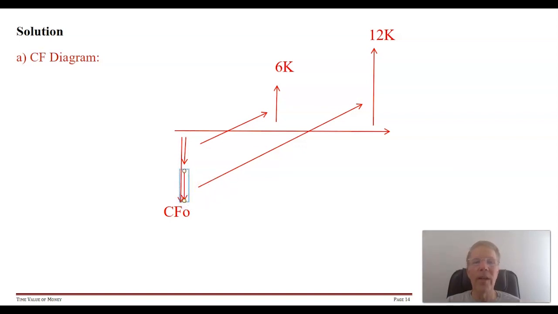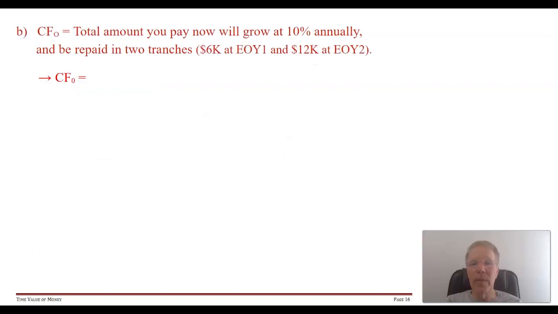Something like that. And A is going to grow into the 6K and B is going to grow into the 12K. So as usual, CF0 will be equal to A plus B. All right, so there's our basic cash flow diagram.